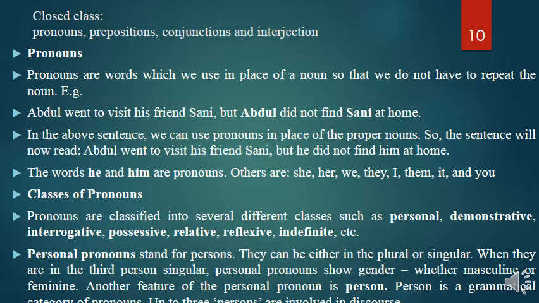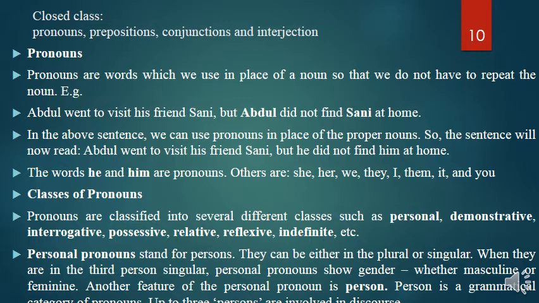Pronouns are classified into several different classes such as personal pronouns, demonstrative pronouns, interrogative pronouns, possessive pronouns, relative pronouns, reflexive pronouns, indefinite pronouns, and so on. Personal pronouns stand for persons. They can be either in plural or singular form.